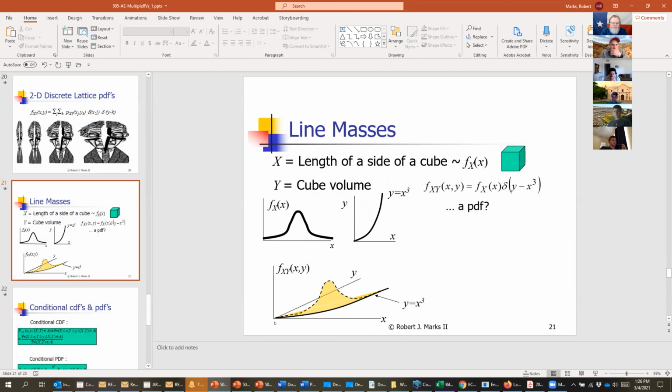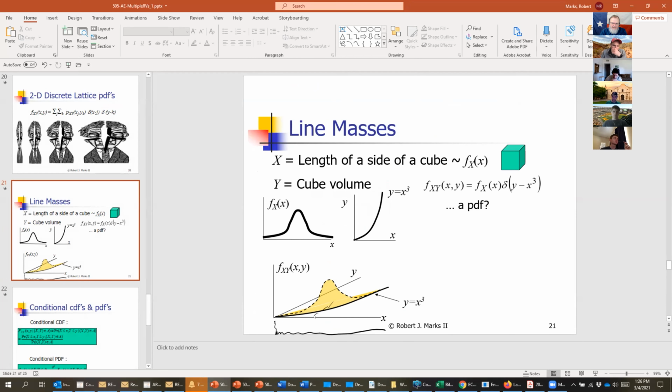On this axis, remember the marginals. If we were to project parallel to the y-axis at all points, we would get exactly this f sub x, right?